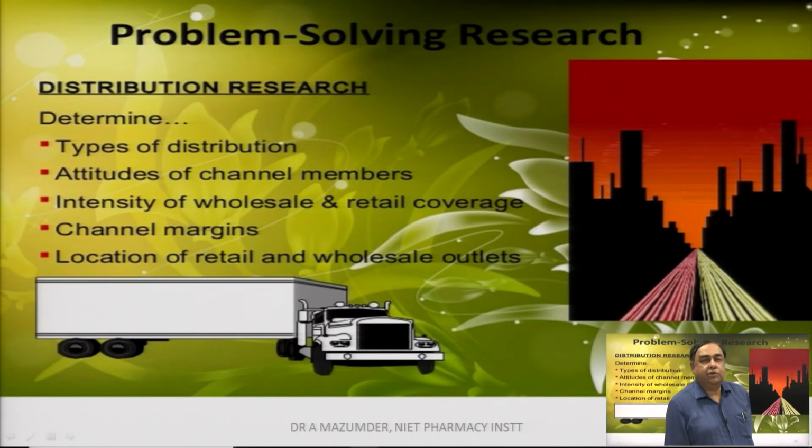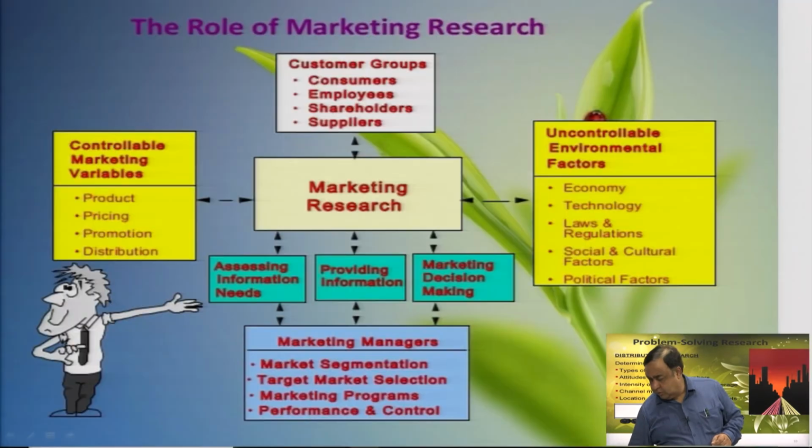Next is distribution research. We have to see whether the types of distribution were proper, attitudes of the channel members, intensity of wholesale and retail coverage, channel margin and location of retail and wholesale outlets. That is, all attributes pertaining to the distribution system have to be taken care of in distribution research.